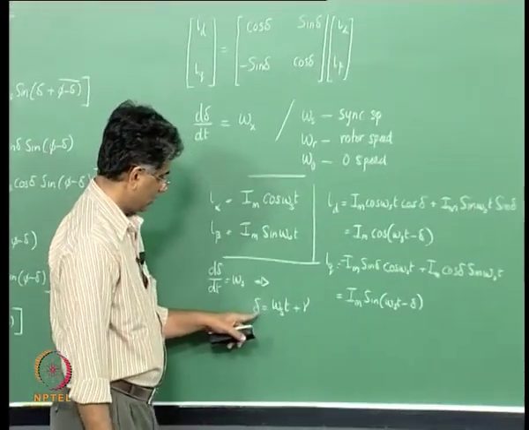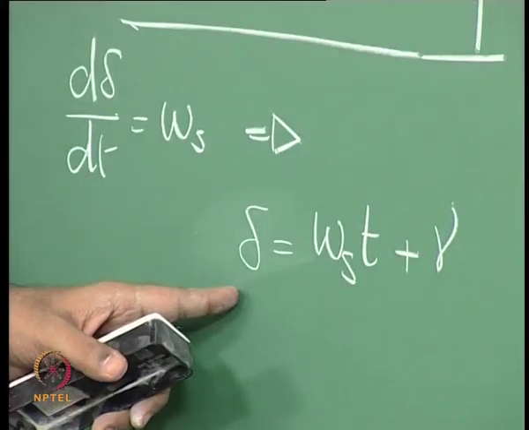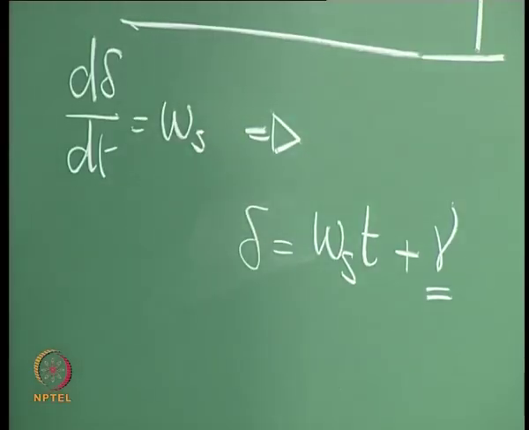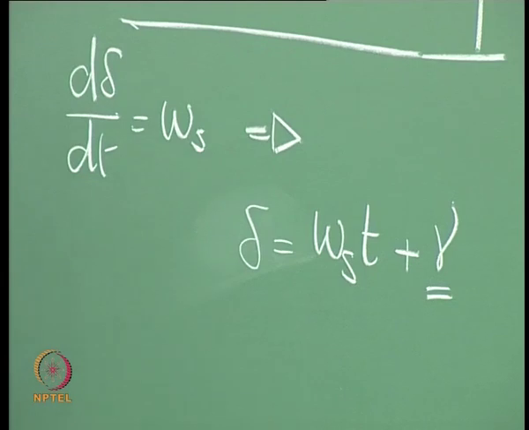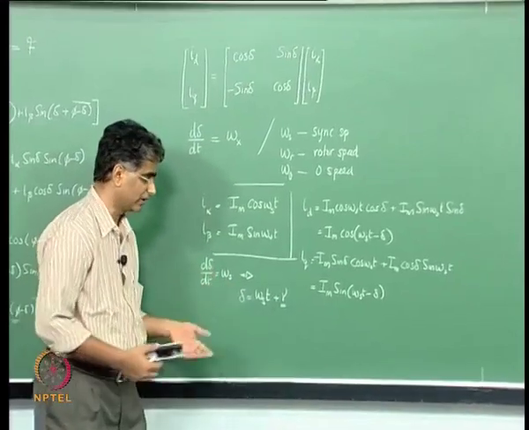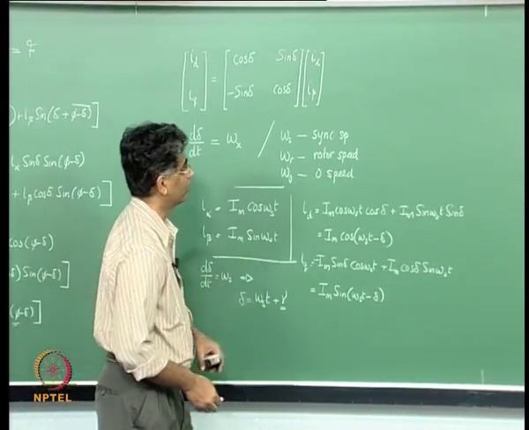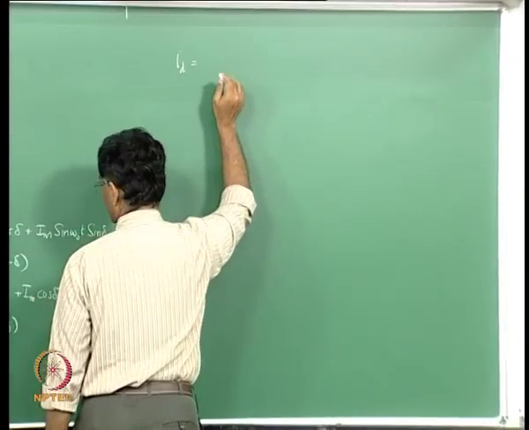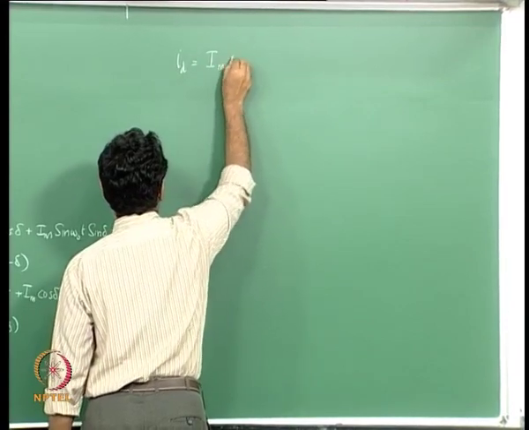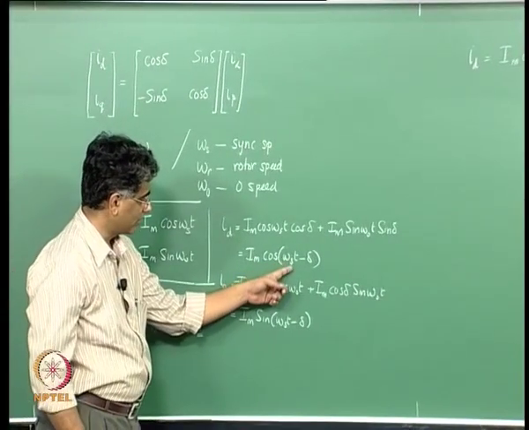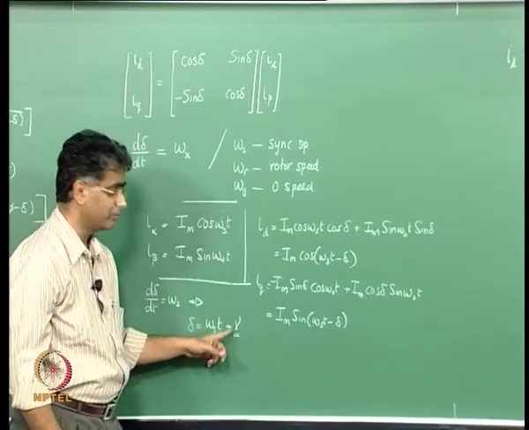That means at t equal to 0, delta will be equal to gamma. So, gamma represents the angle which the d axis of the reference frame makes with the alpha axis of the stator at t equal to 0. Gamma may be 0 or gamma may be something else. So, if we substitute this expression here, what you get is Id equals Im into cos of omega st minus omega st minus gamma.